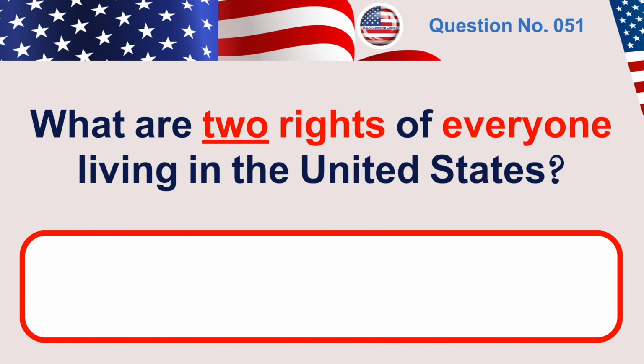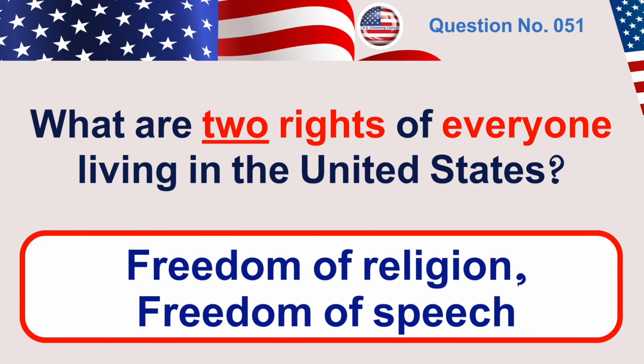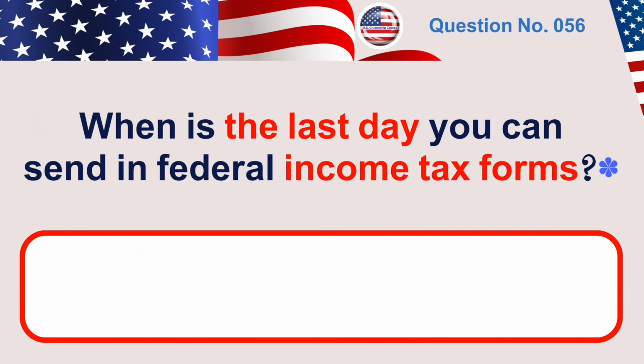What are two rights of everyone living in the United States? Freedom of religion, freedom of speech. When is the last day you can send in federal income tax forms?